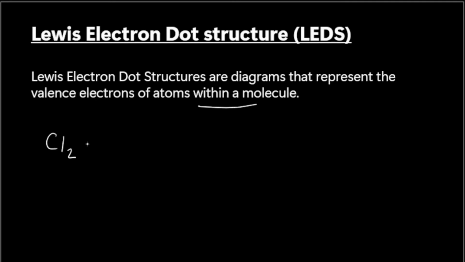It is formed by the combination of 2 chlorine atoms. You can write the Lewis symbol for a chlorine atom like this, chlorine with 7 dots.